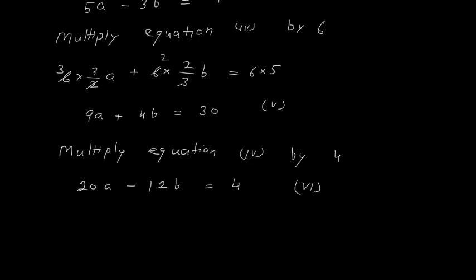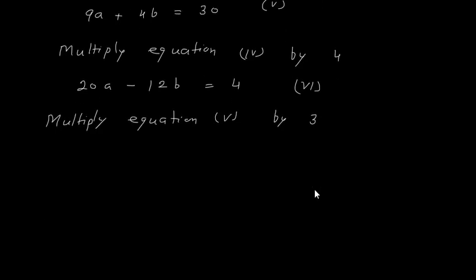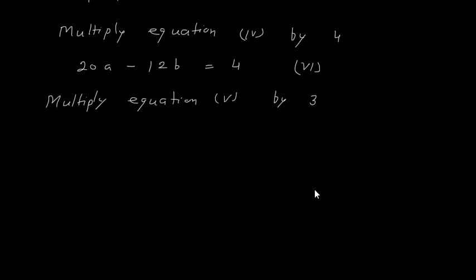Similarly, equation 5 I will multiply by 3. So I get 9 threes are 27a plus 4 threes are 12b is equal to 3 thirties are 90. This is my equation 6 and 7.